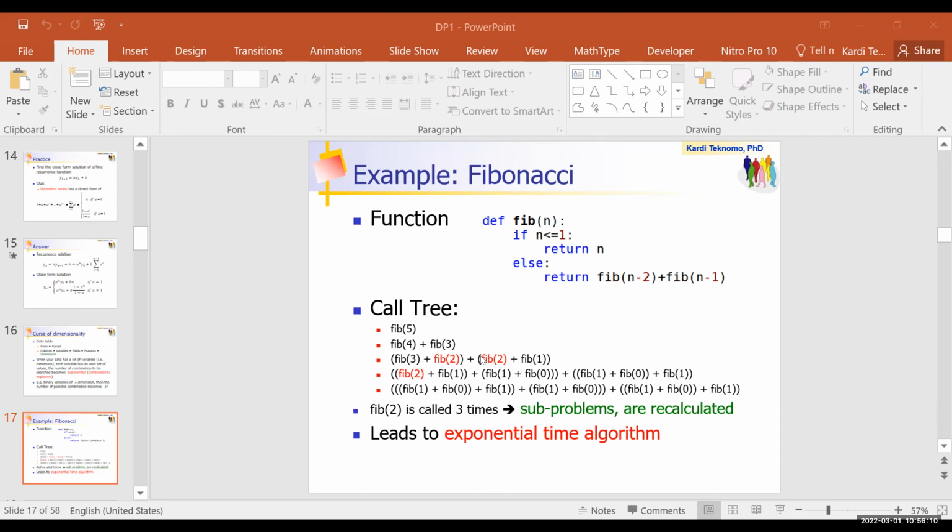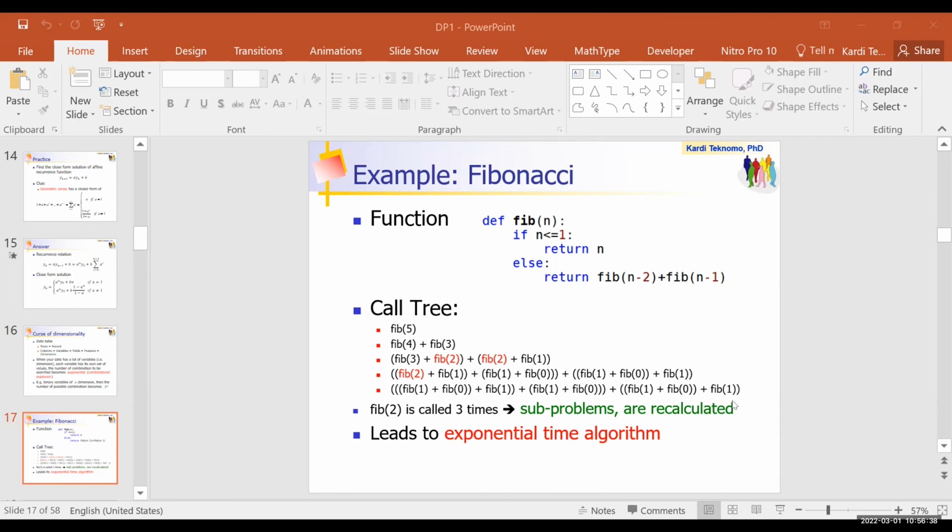Fibonacci 3 will call Fibonacci 2 and 1. Again, Fibonacci 3 will call Fibonacci 2 and 1. Fibonacci 2 will call Fibonacci 1 and 0, and so on, finally calling Fibonacci 1 and 0 at the bottom, right? So you will see these are the sub-problems that are computed.